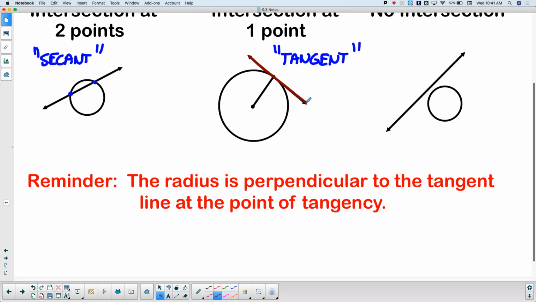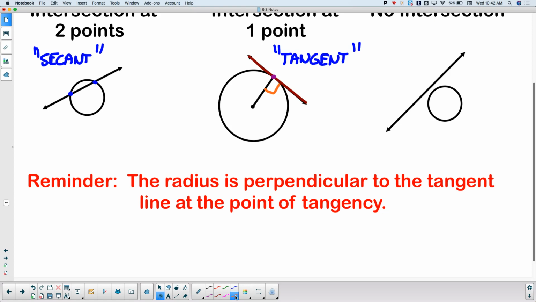The radius is perpendicular to the tangent line at the point of tangency. So this radius is perpendicular to that line if we are at the point of tangency. Not at the secant points, but at the point of tangency. Perpendicular. That word's going to come back to haunt us again.